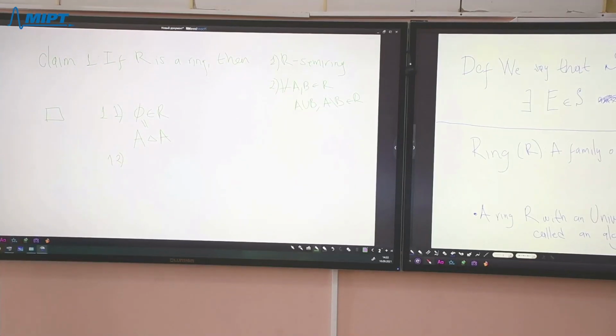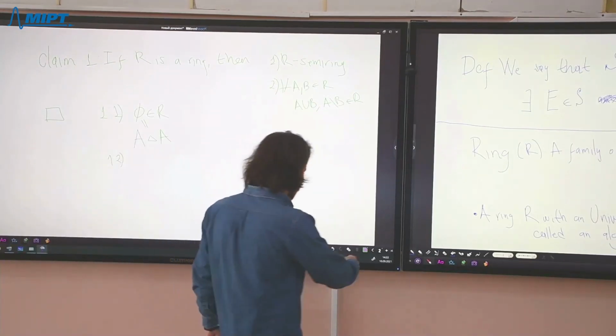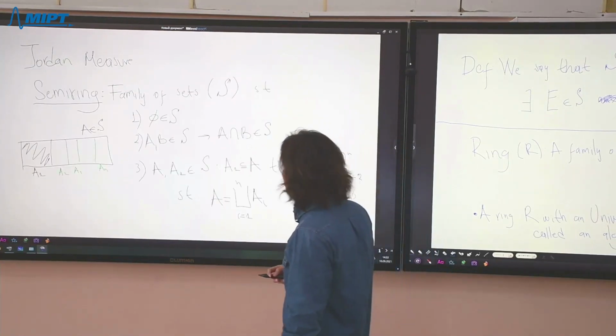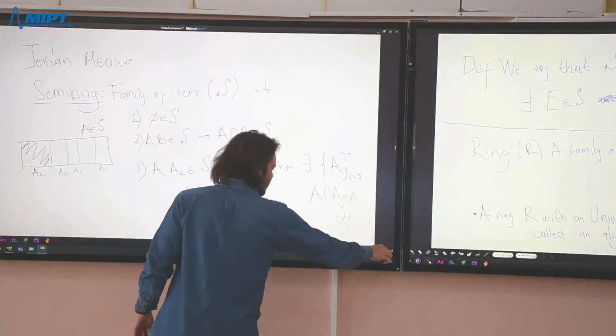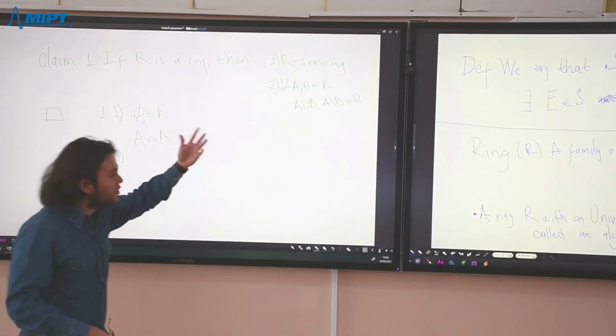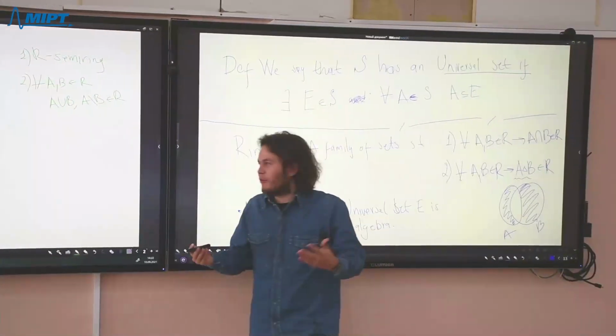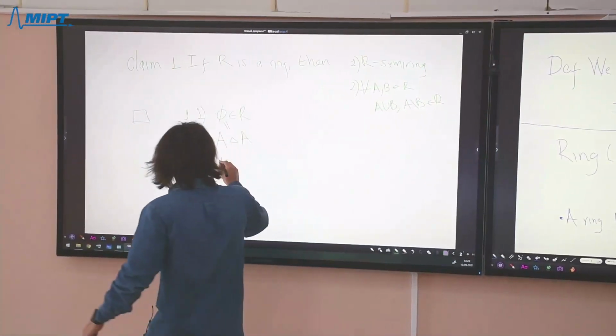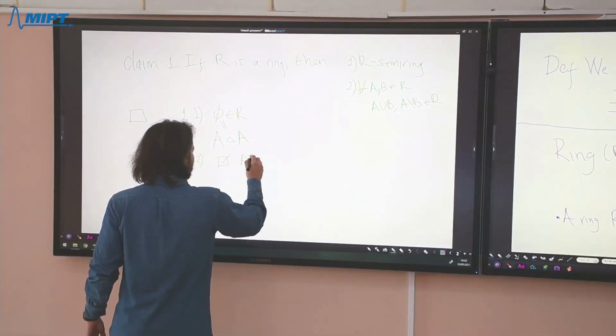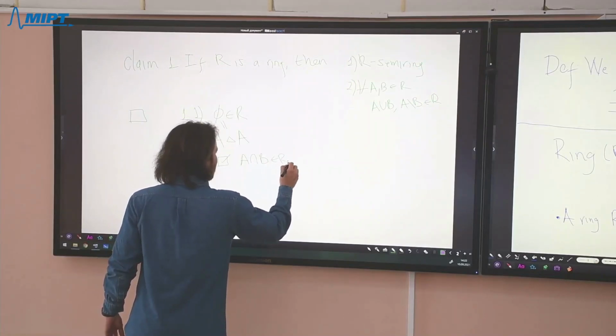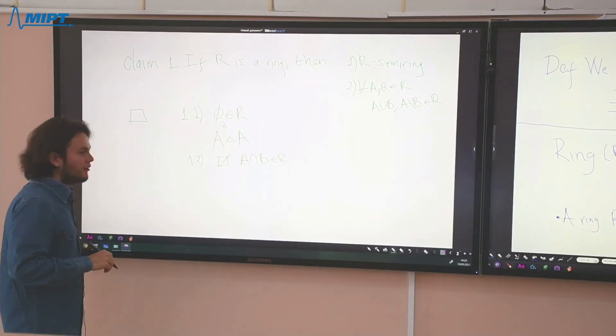Now, we have to prove that the intersection belongs to R. But by definition, we know that the intersection of every pair of sets belongs to R. So that's proven, that's given already. So A intersection B is an element of R. That's okay, right?